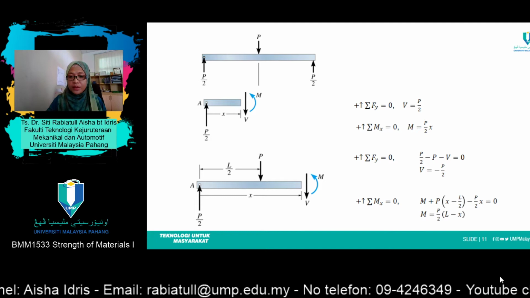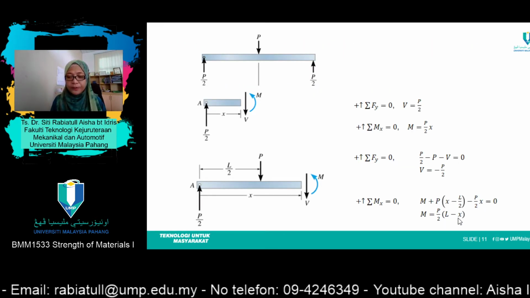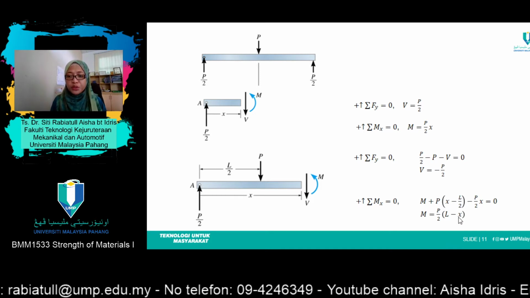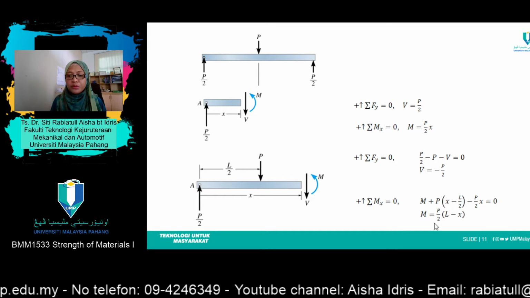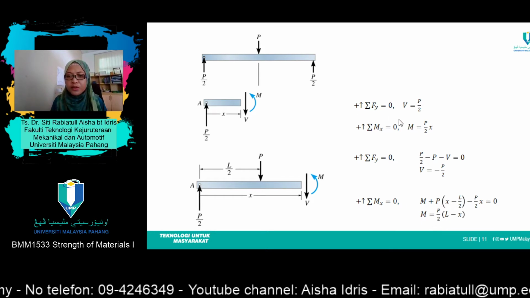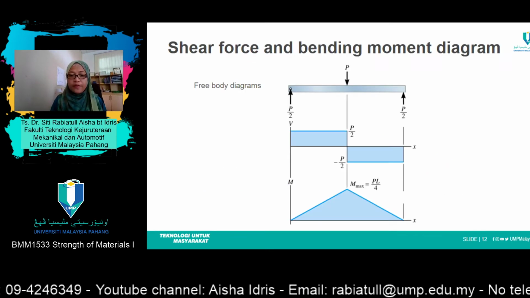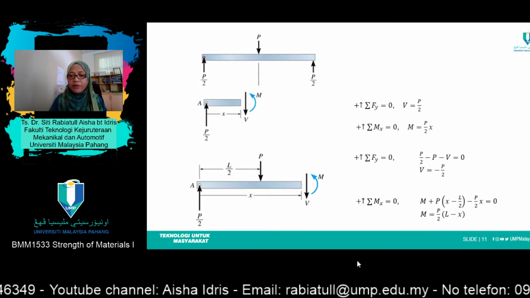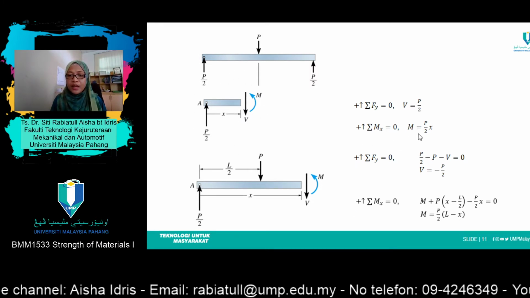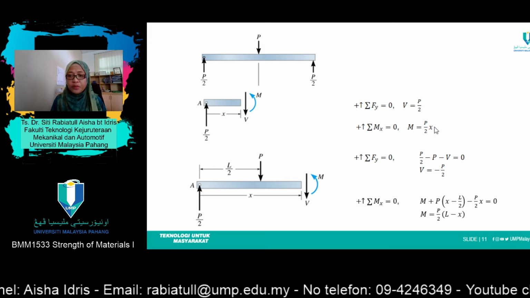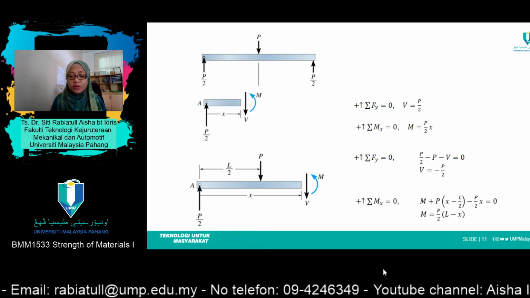Okay, the first point, sorry, my mistake. For the first point here, refer to the first cutting section. So here M equals Px over 2. When x equals 0, you'll get M equals 0.